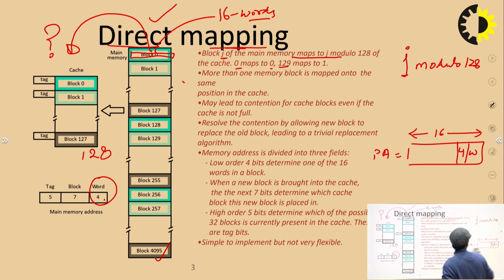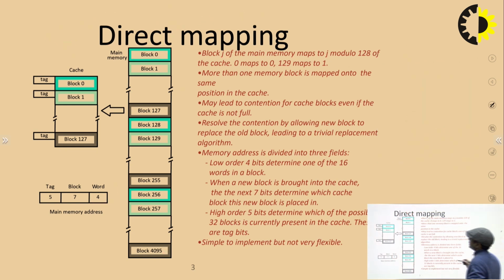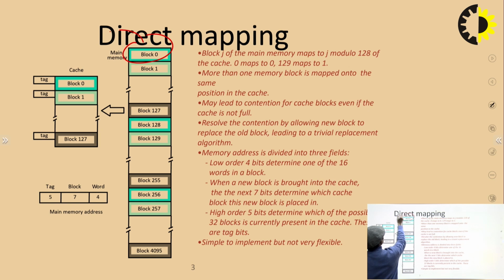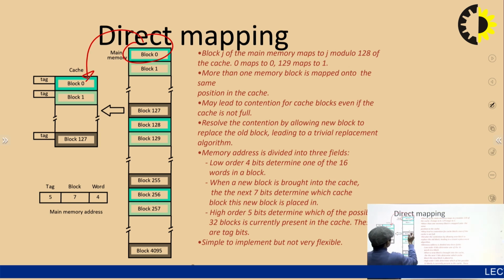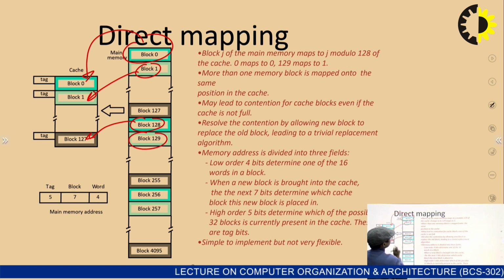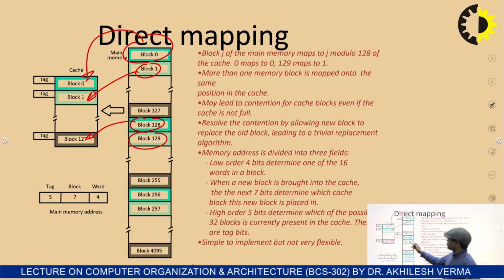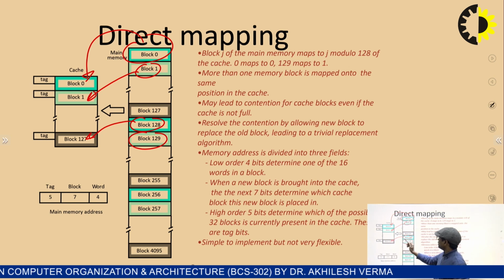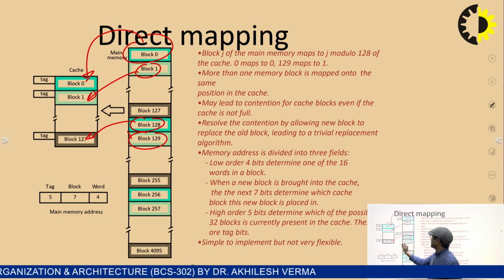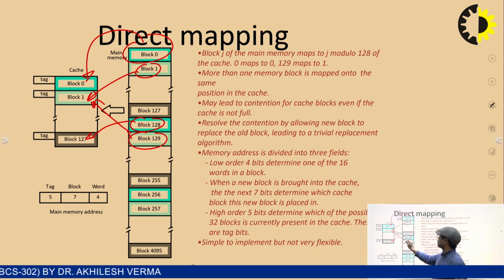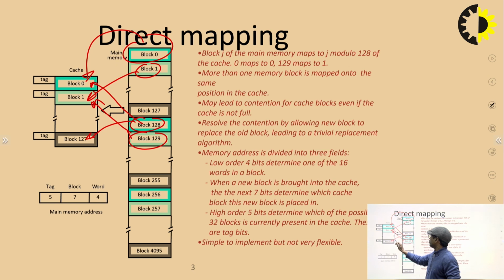So block 0 will be mapped here, block 1 will be mapped to block 1, and block 128 will be mapped to location 0. Block 129 will be mapped to location 1, because 129 modulo 128 is 1.